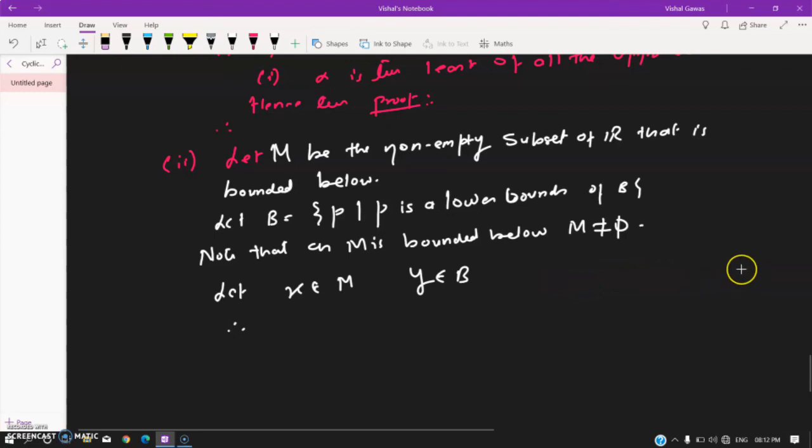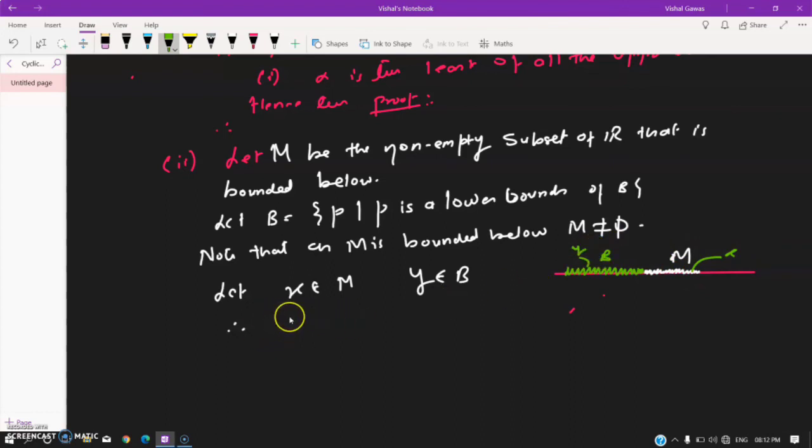Let us draw a line, right? And so what I have is my set M here, and my B, that is the set of lower bounds, is here. This is my B. So my X is here and my Y is here, right?